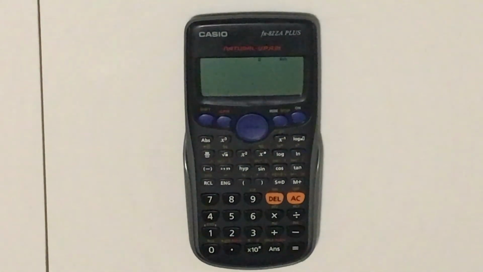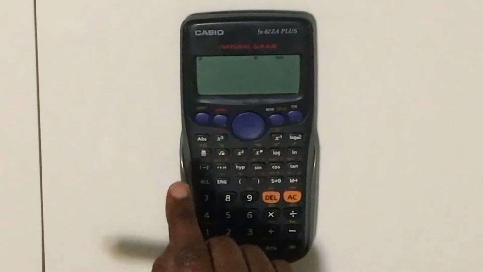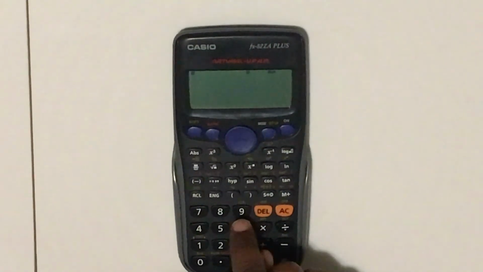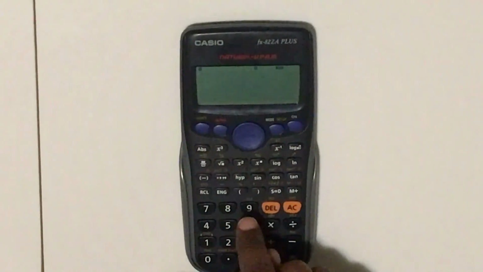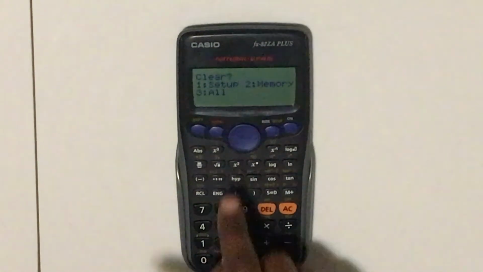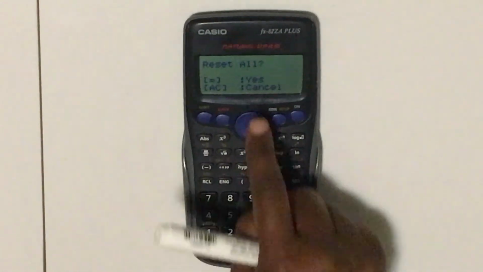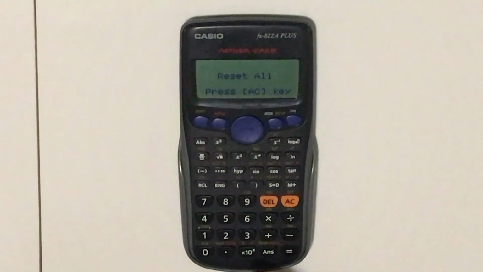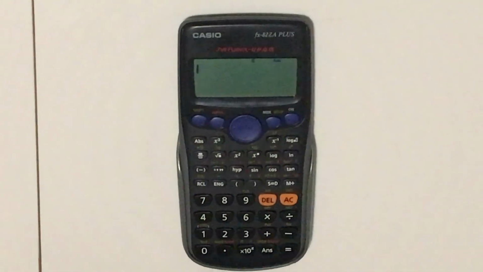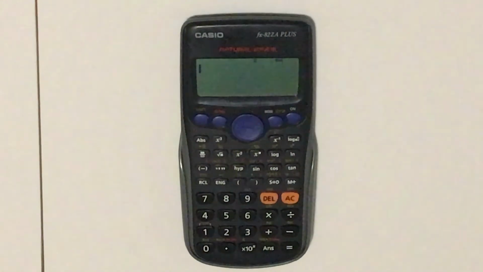So how do you do that? You go shift. After you've written shift, you'll see your calculator is clear. Then you press the 9 is clear, 9. Then you read your screen. 3 says you clear all, and then equals to, and then you say AC. Then you have cleared your calculator.